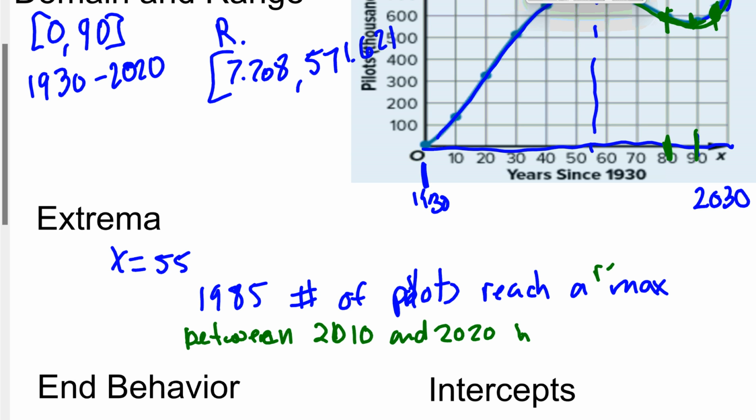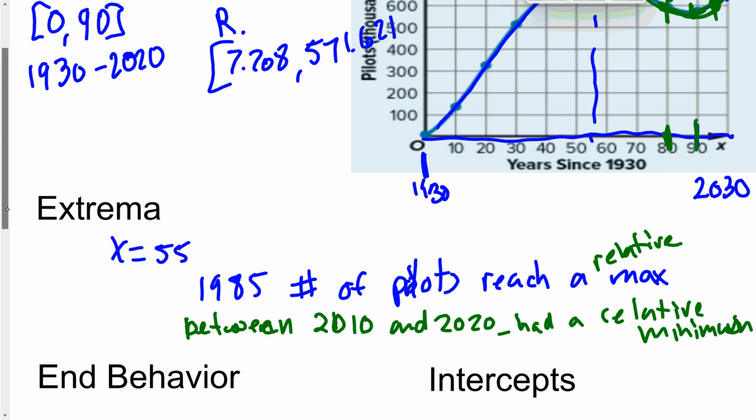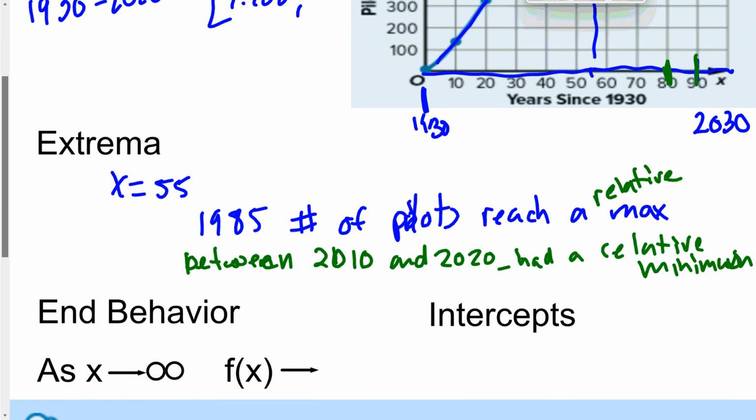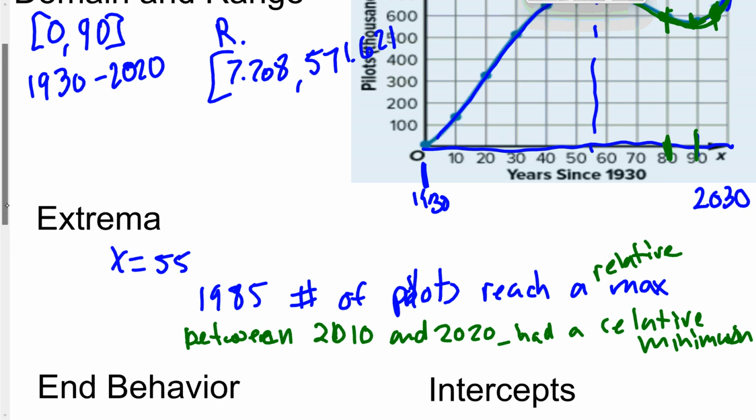This is relative as well because it's not the overall minimum; after that it's growing back up, so eventually we're going to have more than we did in 1985 if the graph keeps going. So those are our extrema: maybe 1985 and then somewhere between 2010 and 2020.